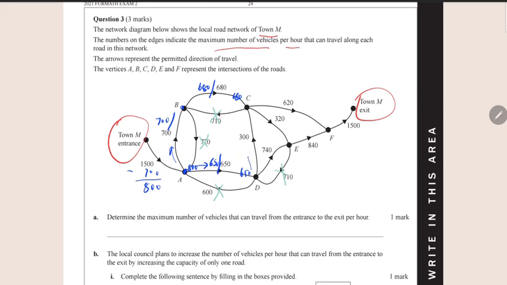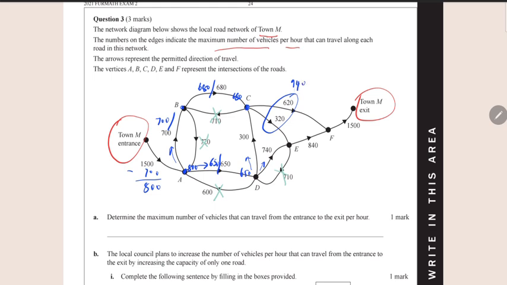But there are two roads that take off from intersection D. What we have to do now is to look at inflow and outflow. The outflow from intersection C is the addition of these two values, and that is 940.